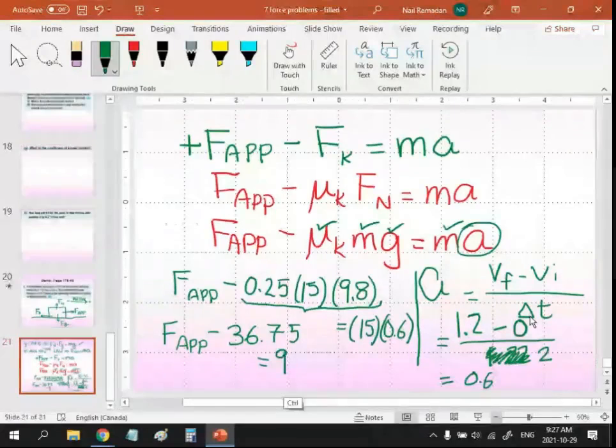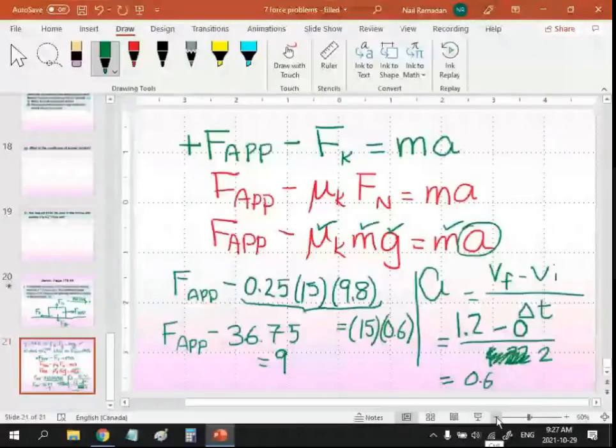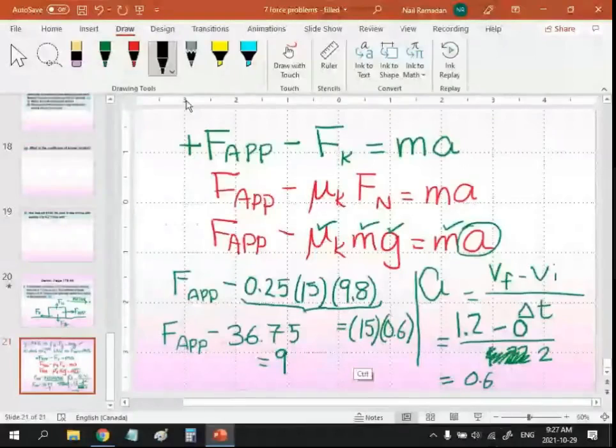Subtract. I have no idea what this is. Someone needs to help me with that. How many people got this number? Actually, it does make sense. Equals what? 15 times 6. That's easy. That's a solid 9.